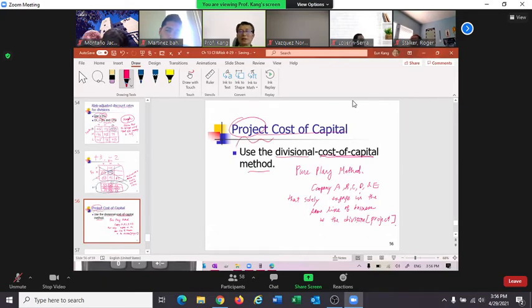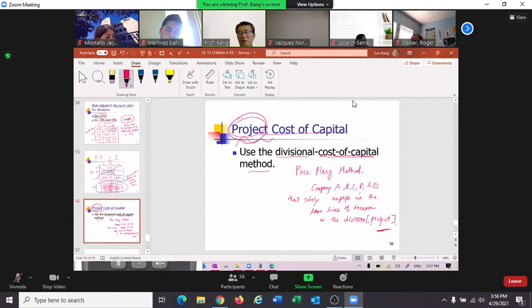So you just try to find companies that solely engage in the same line of business as the division, in this case, divisional cost of capital. The same line of business as the project, then that is project cost of capital.